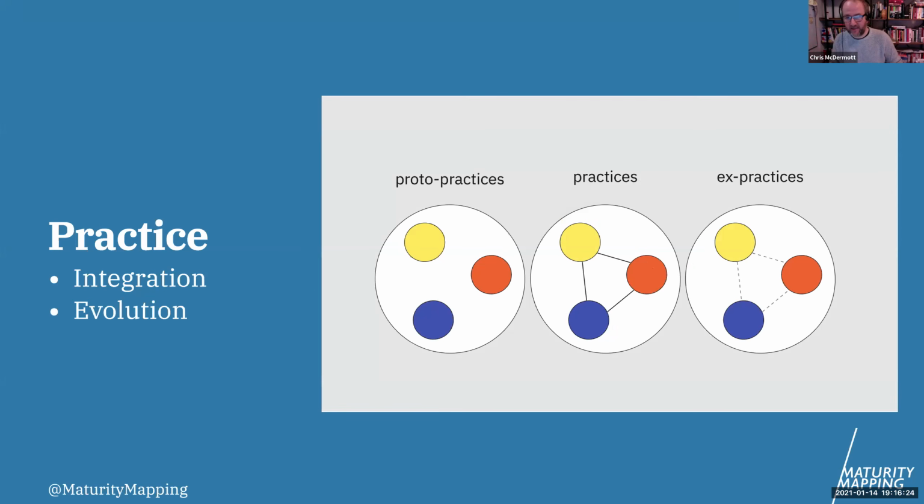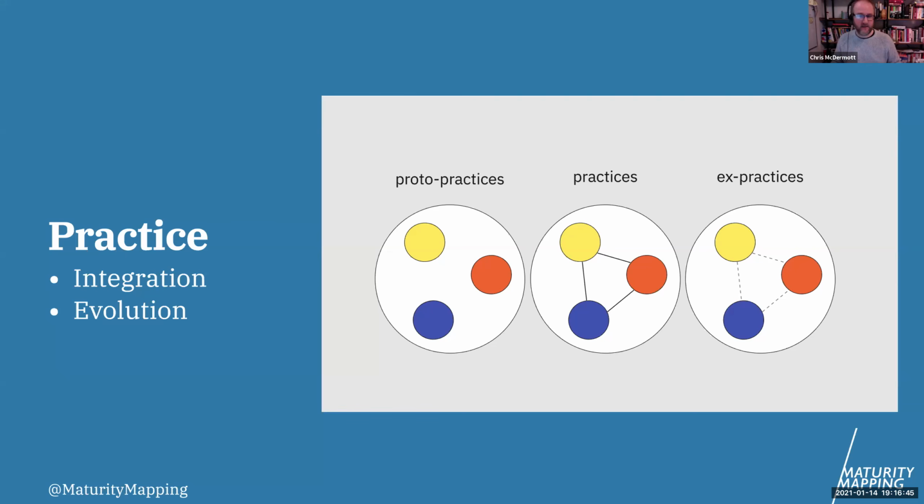Practices begin as proto-practices, i.e. there is meaning, there is material, there is competence that exist in a space, but they've never been integrated. So that practice may be conceptual, but may never have been enacted, and there have been no practitioners using that practice or creating that practice.